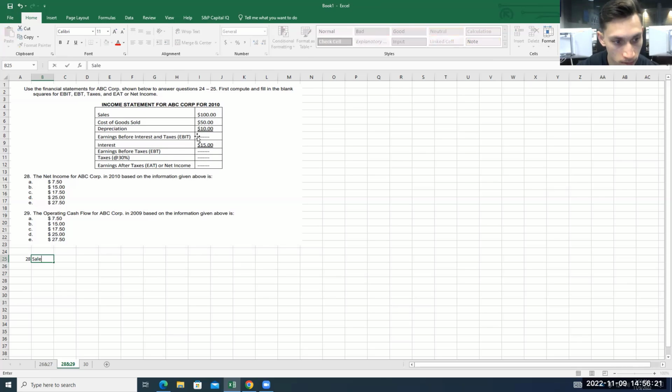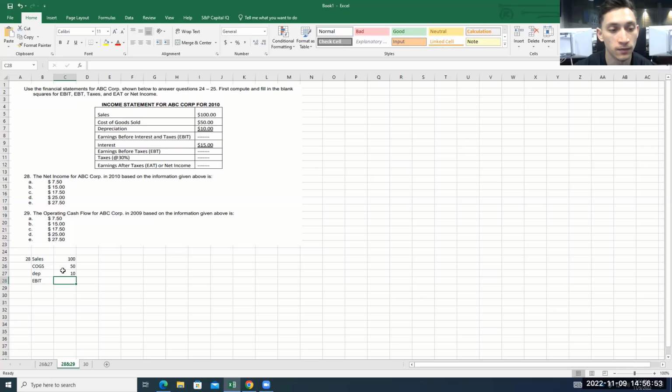So we're given sales, $100, cost of goods sold, $50, depreciation, $10, and then earnings before interest and tax, EBIT. To get our EBIT, we're going to take our sales and subtract cost of goods sold, and then subtract our depreciation as well.